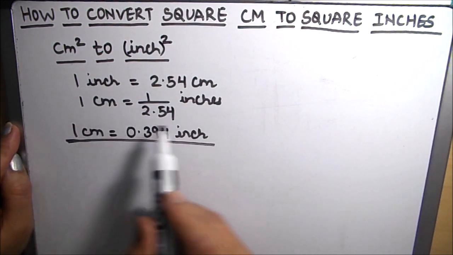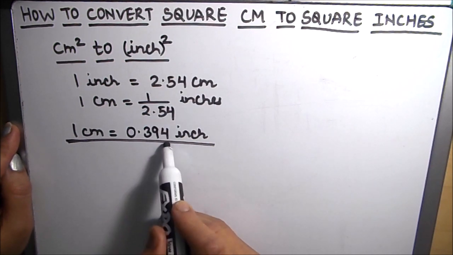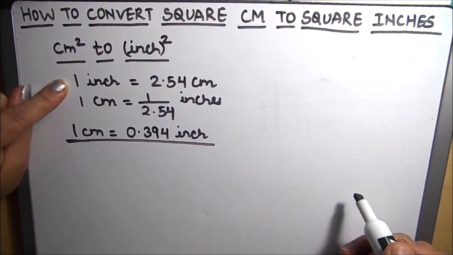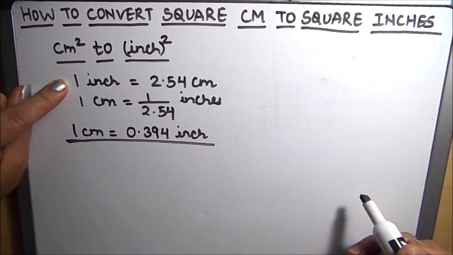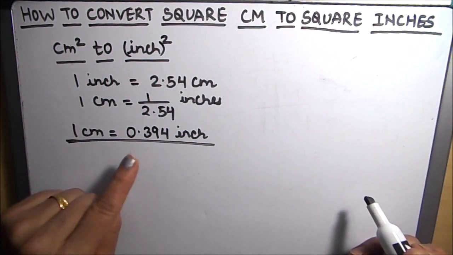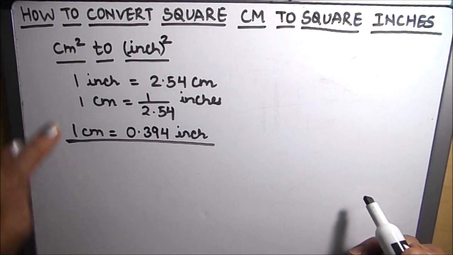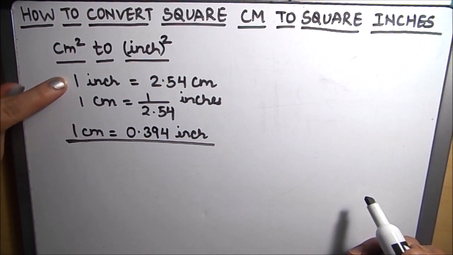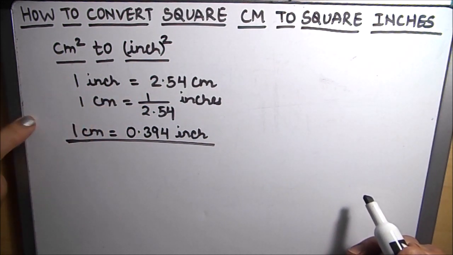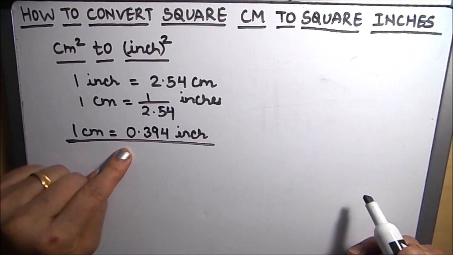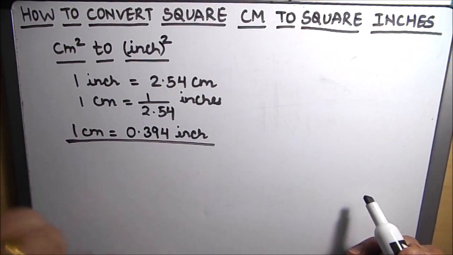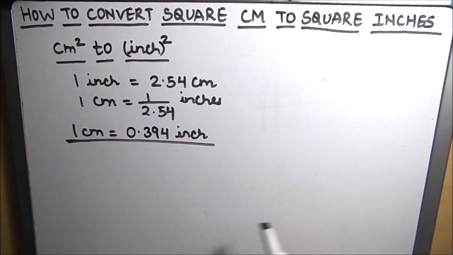So 1 centimeter is 0.394 inches. You can learn one conversion and derive the second one from that, or you can learn both conversions: 1 inch is 2.54 centimeters and 1 centimeter is 0.394 inches.